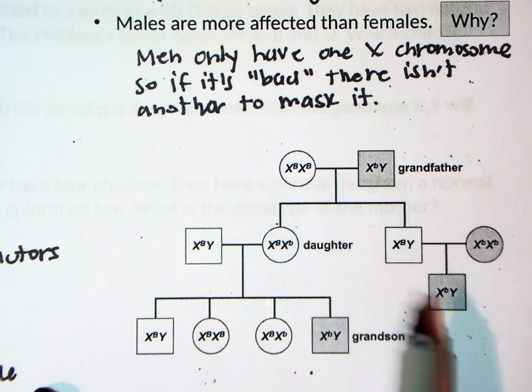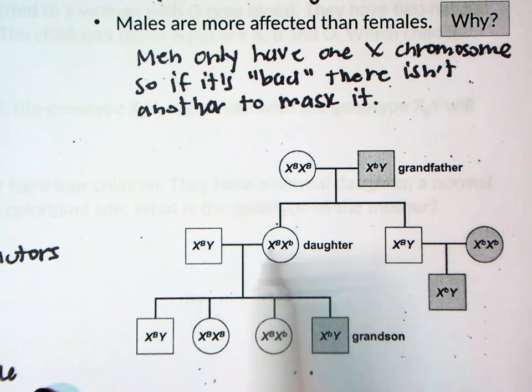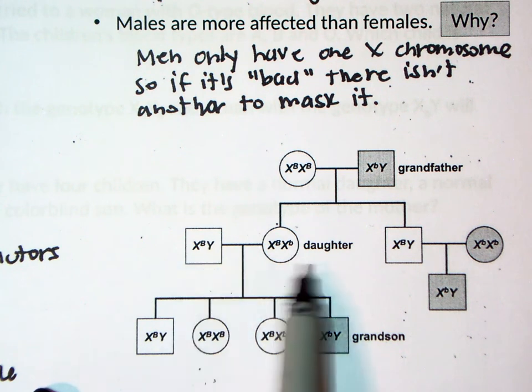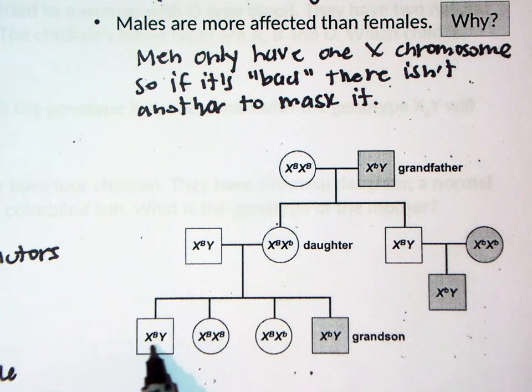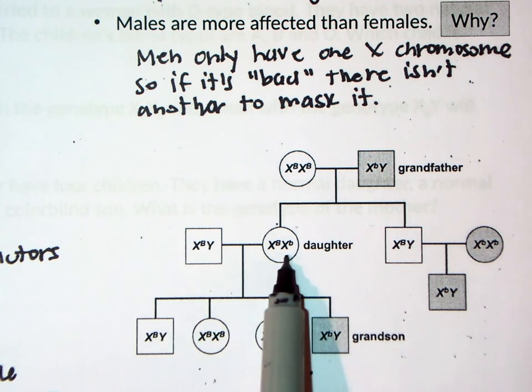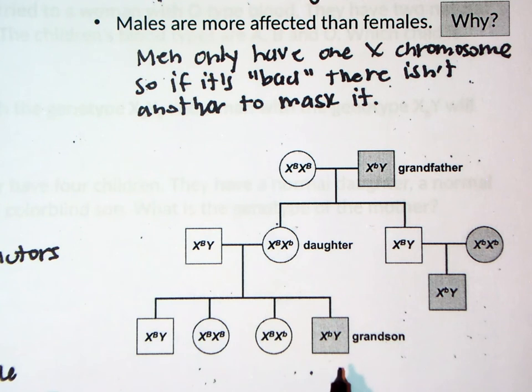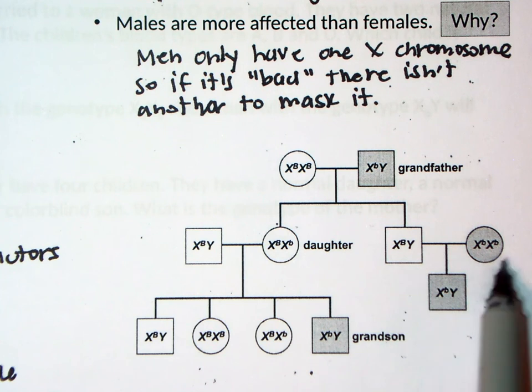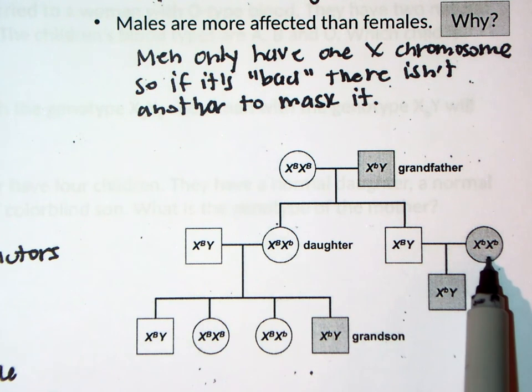Sorry, I'm being confusing. And then each of those siblings had a marriage here, and this male was X big B, Y, so not affected, and they had 4 offspring, and one of those was affected because it got this mutated X chromosome from mom. This one's a carrier, this one's not a carrier, this one's unaffected. And then this one over here married a colorblind female, which is rare.